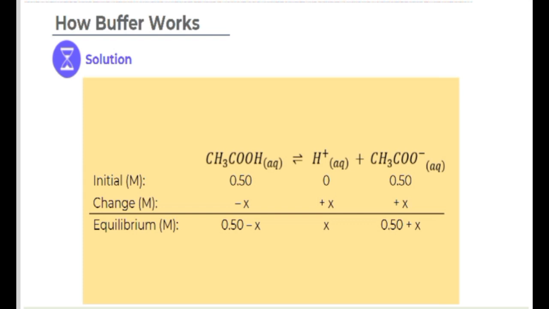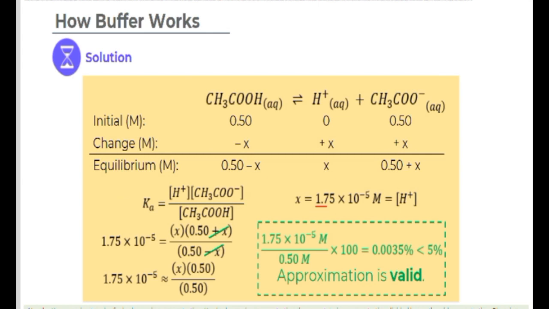Thus, at equilibrium, the concentration, in molar, of acetic acid is 0.50 minus x. That of hydrogen ion is x, and that of acetate ion is 0.50 plus x.